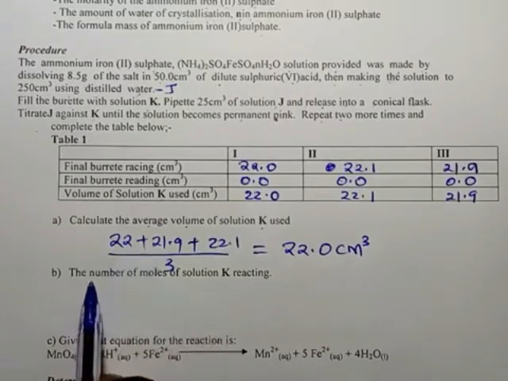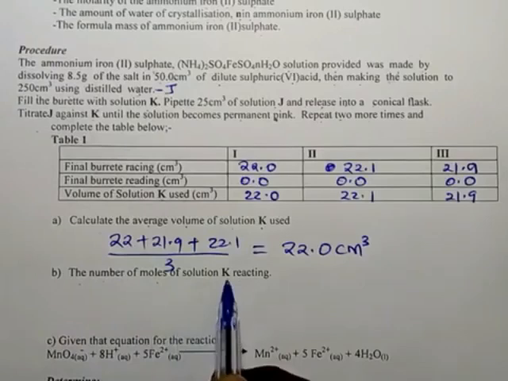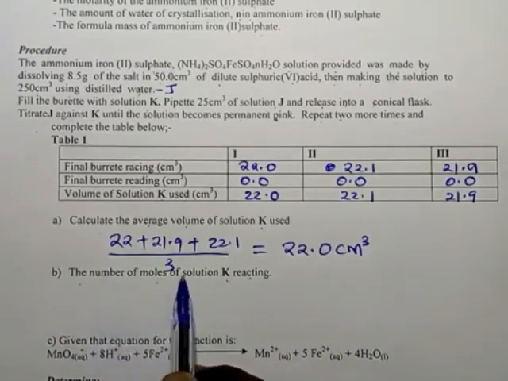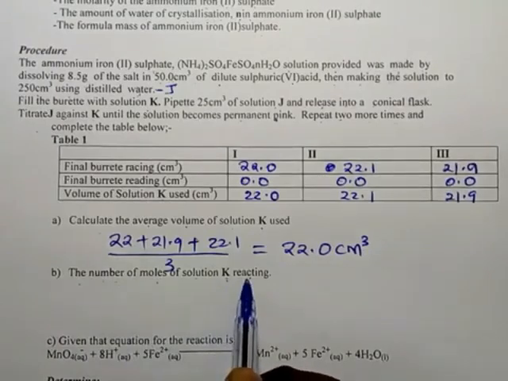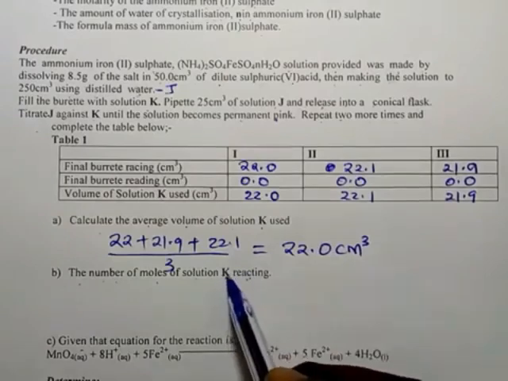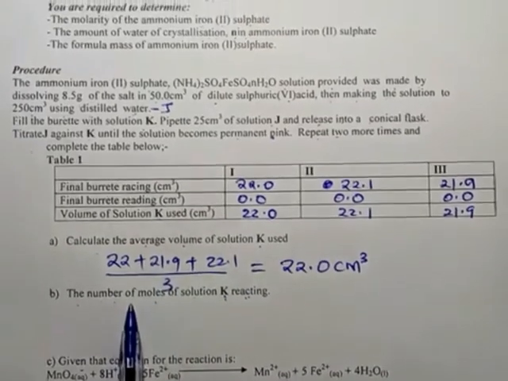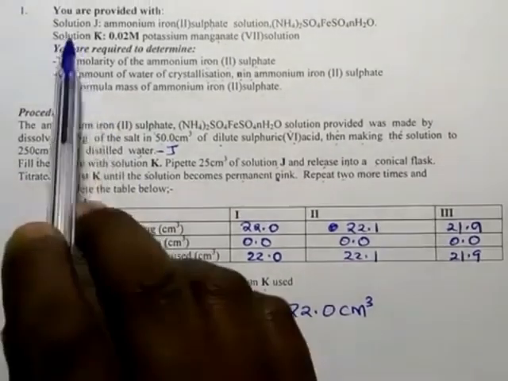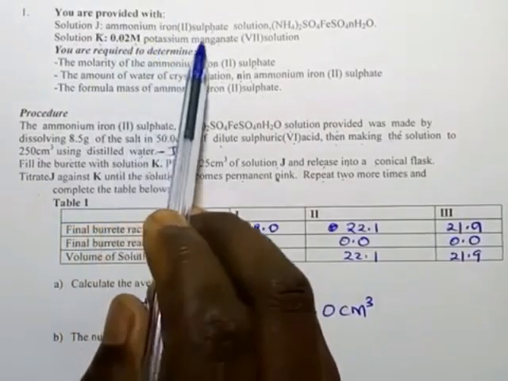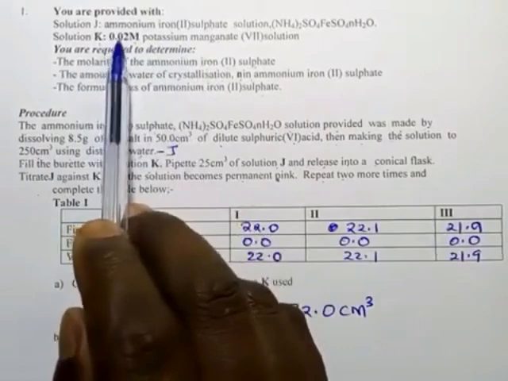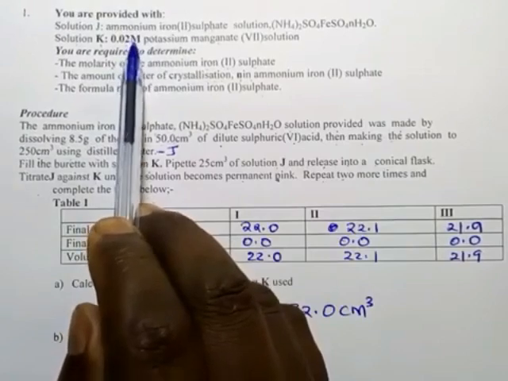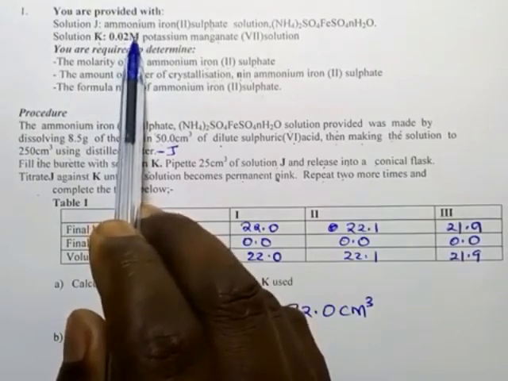Calculate the number of moles of solution K reacting. You need to be aware of the details of solution K, so when you forget, you go back. Solution K is 0.02 molar potassium permanganate, meaning that 0.02 is the number of moles in 1 liter, and 1 liter is equal to 1,000 centimeters cube.